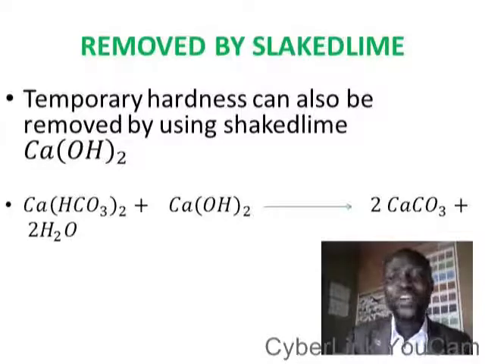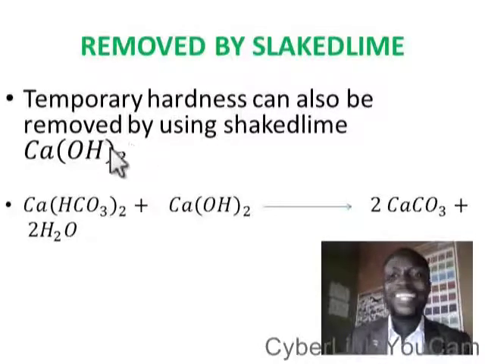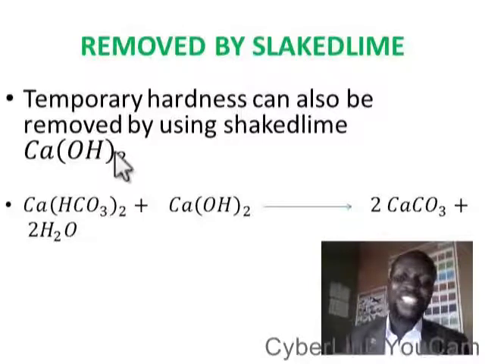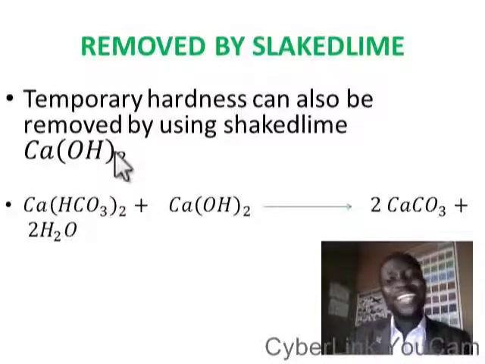Now, another method of removing temporary hard water is by adding slaked lime. Lime itself is calcium oxide. We call it quick lime. It will become slaked lime when water is added to quick lime.